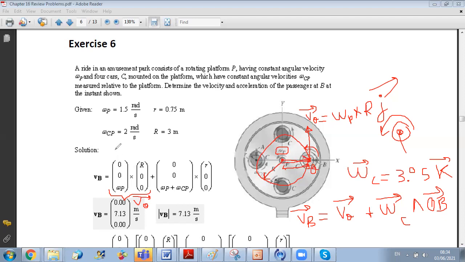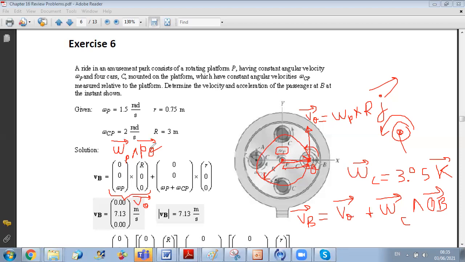So this term, this is omega P vector, and this is vectorial PO. And vector PO is along I. Okay, so look, in this representation, omega P is along K, so the vector will be 0, 0, omega P. PO is along I of magnitude R, so it's R, 0, 0.